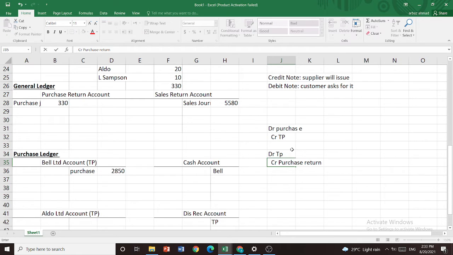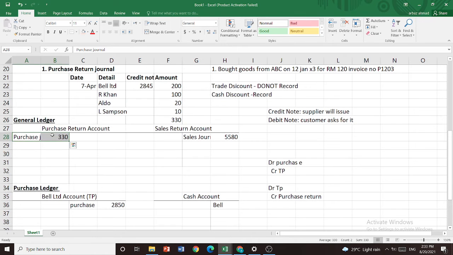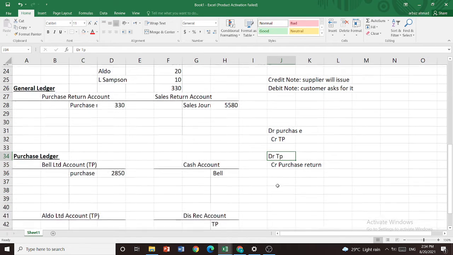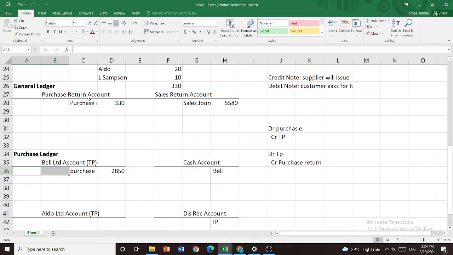So if purchase is on this side, purchase return is going to be on this side, not on this side. So I have to debit here and credit this amount.